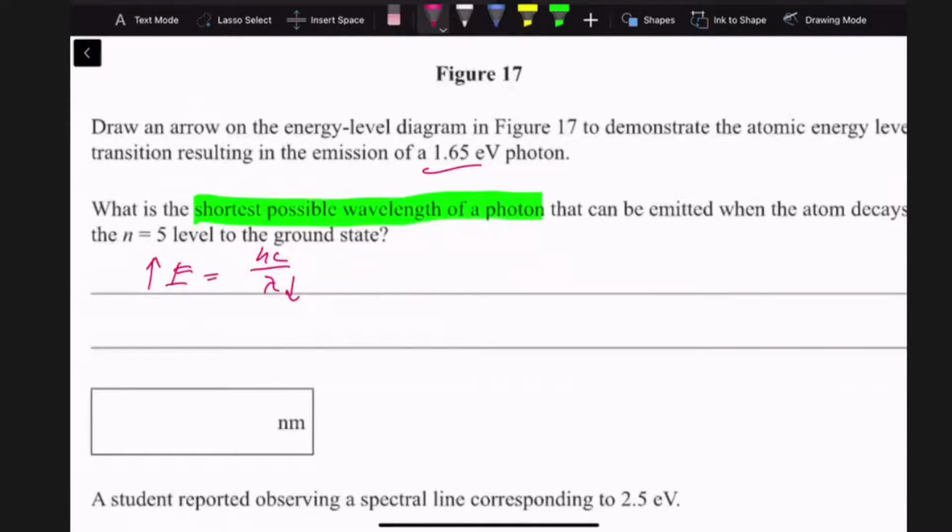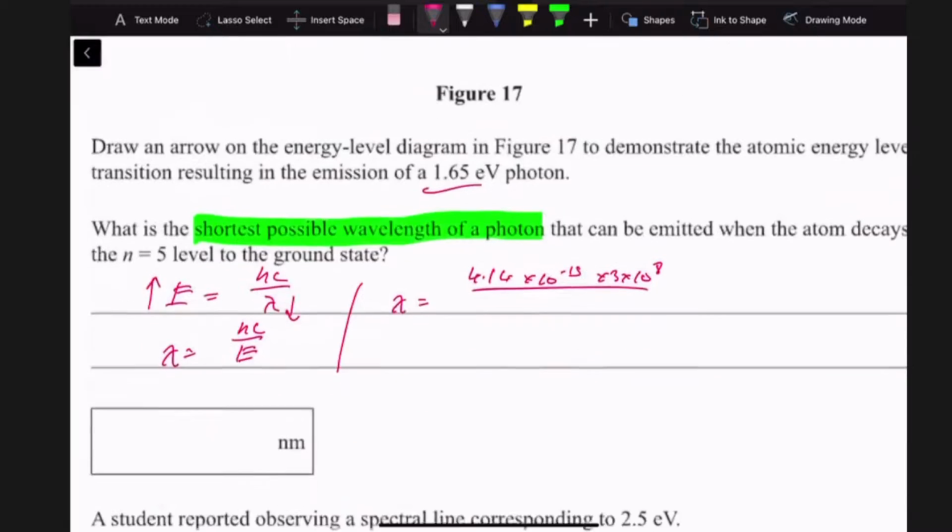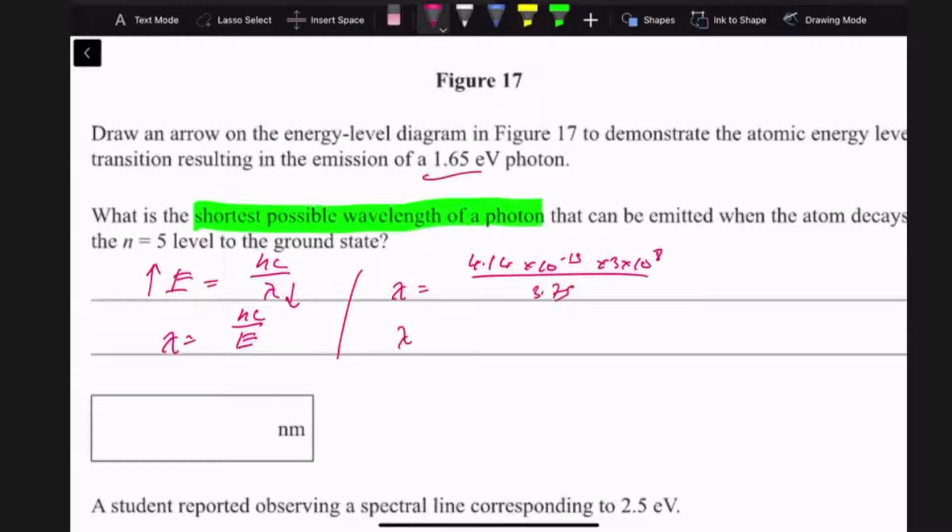So let's rearrange it to find lambda first. Lambda is hc on E, and then E is the largest value for energy loss. So it's 3.75, and that comes out to 331 nanometers.